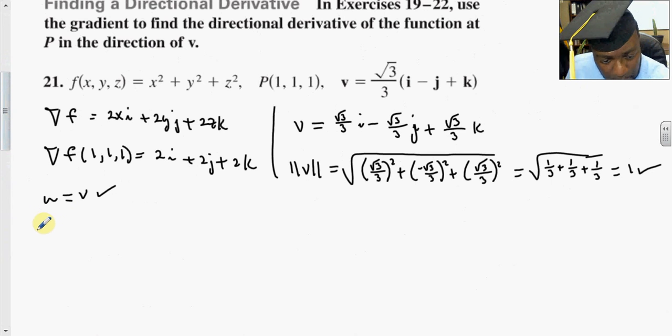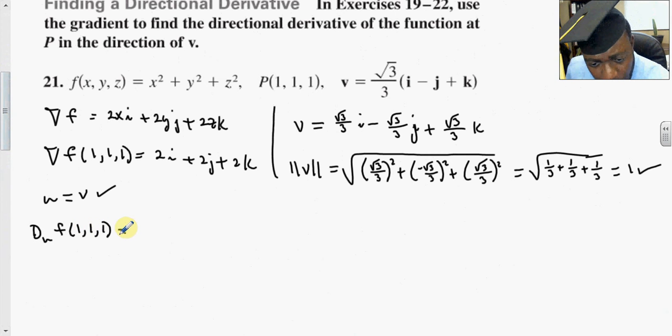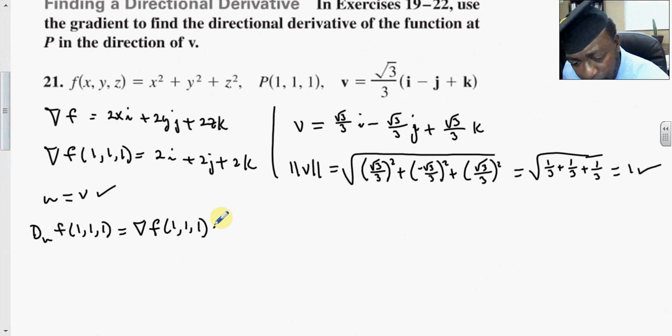So the directional derivative of the function f in the direction of u at the point 1, 1, 1 is said to be the gradient of f at the point 1, 1, 1 dot product with u.